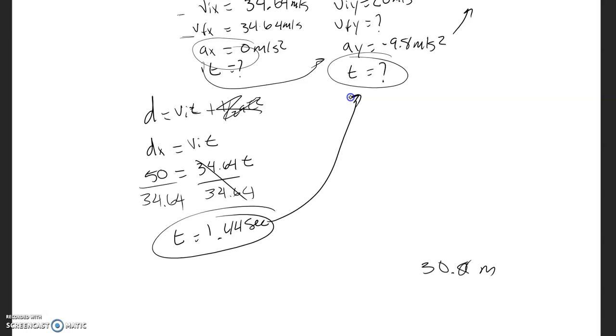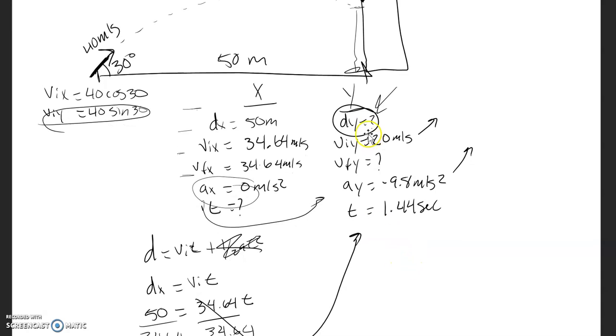Now we can move that over to the y. This time is no longer unknown; we have 1.44 seconds. So dy can now be found. You have three knowns, so what equation has initial velocity, acceleration, time, and displacement? It's actually the same equation: d is equal to vi t plus 1/2 a t squared.